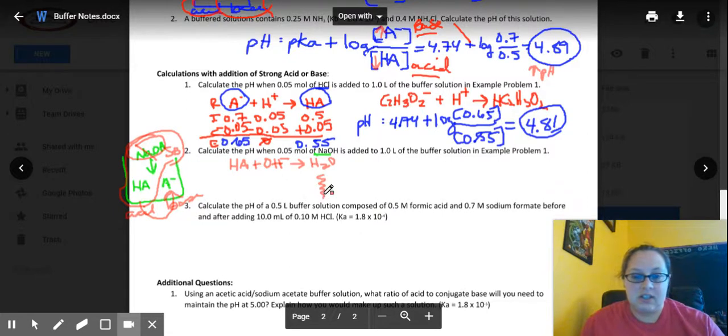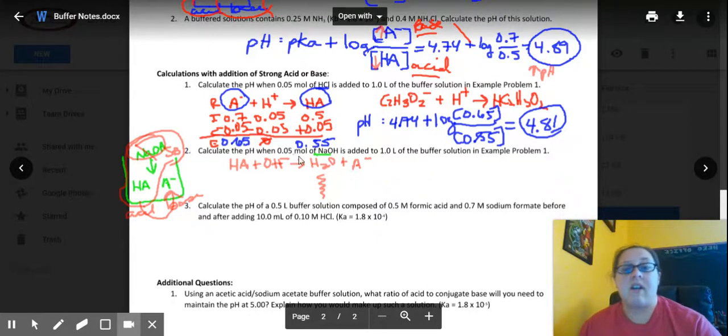Remember, water is never included in our equilibrium expressions or our RICE charts or anything like that because it's a liquid. So that's not really changing anything. What I'm focused on is once H and OH come together, what I'm left with is A-. And isn't that the A-, the conjugate base portion that we said we should be producing there? Okay, so this is our generic form reaction that we have.